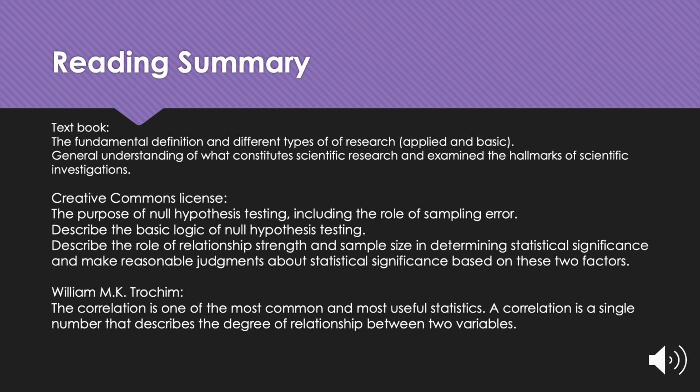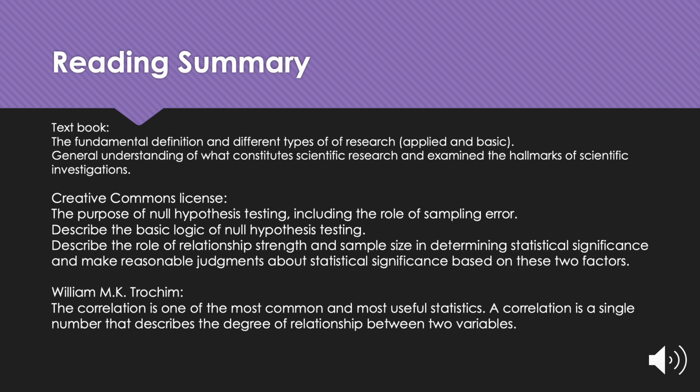From the Creative Commons license, we have found the true purpose of null hypothesis testing, including the role of sampling error. Also, we have learned to describe the basic logic of null hypothesis testing and also describe the role of relationship strength and sample size in determining statistical significance and make reasonable judgment about statistical significance based on these 2 factors.